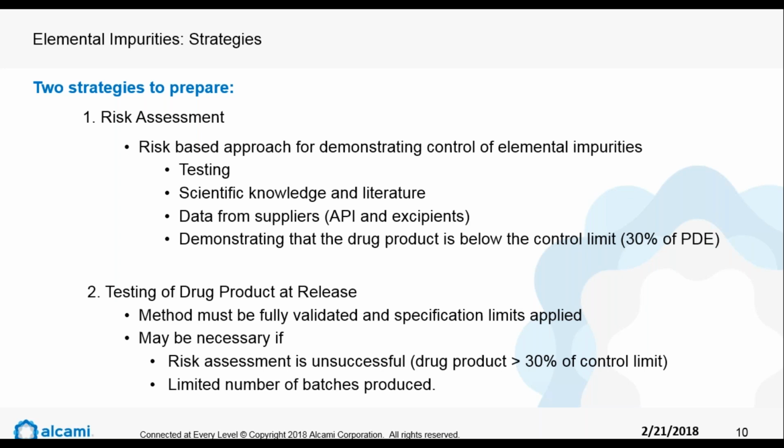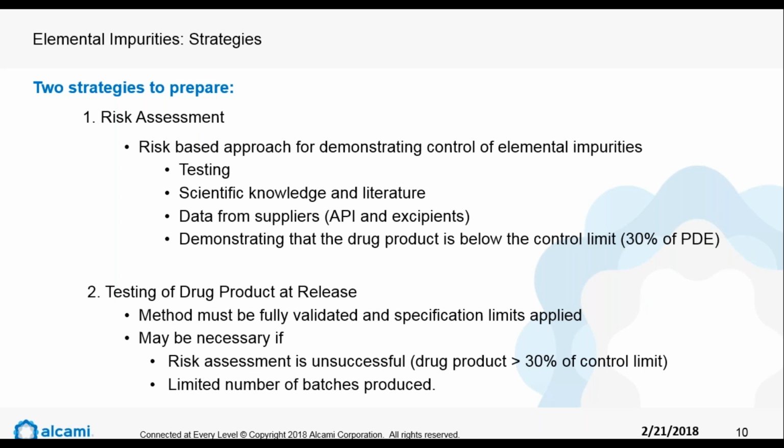The control limit is 30% of the PDE that is listed in the guideline. If it's less than 30% on 3 registration, full-scale lots, then it's considered under control, the variability has been assessed, and no additional controls are needed for those elemental impurities.